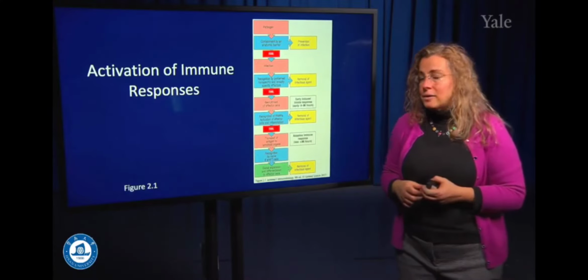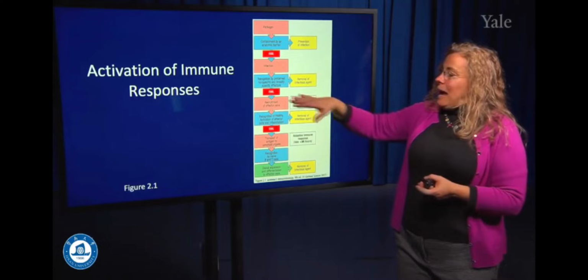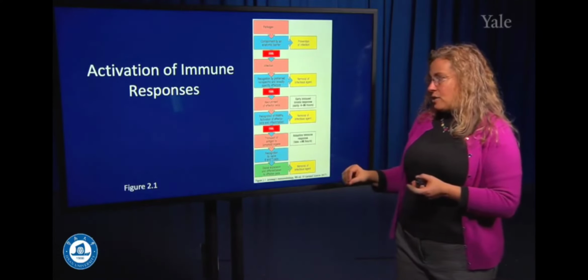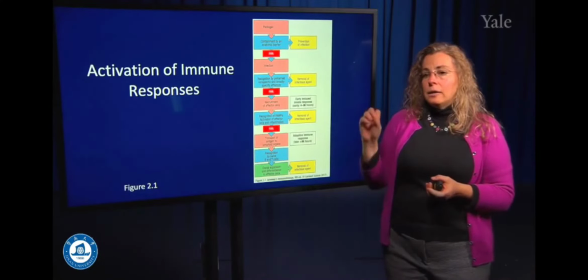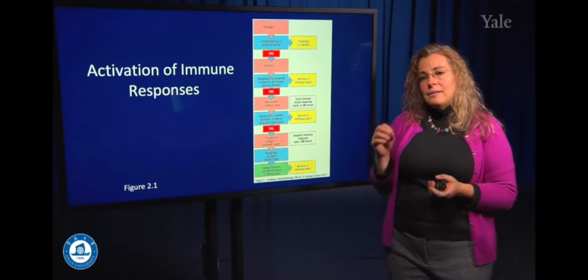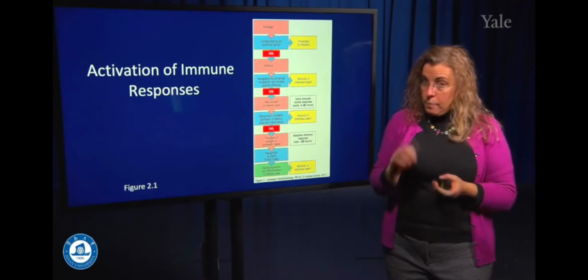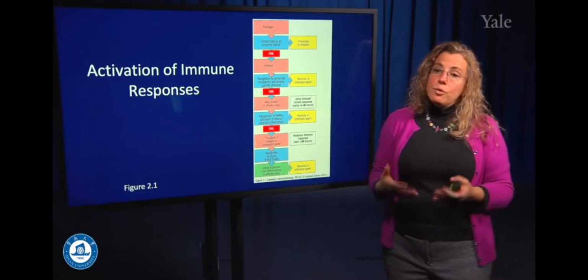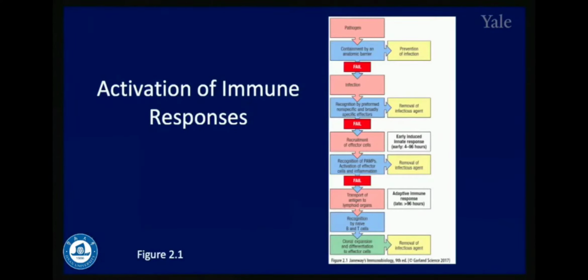But that can take a few days to happen. Now, if those cells can't eliminate the infection, then those innate immune cells travel to lymphoid organs where they can find cells of the adaptive immune system and alert them that there's a big problem that they can't eliminate on their own, and that adaptive immune response has to get generated and then go to the site of infection and eliminate the infection.